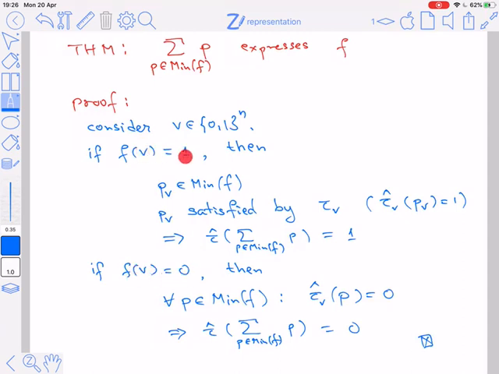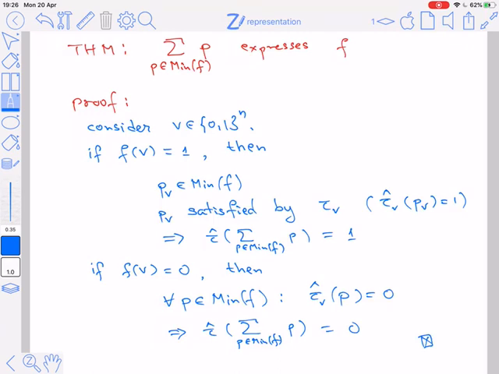If f of v is 1, then I know that p sub v is a minterm of f, because v is in the pre-image of 1. So we have already seen that p of v is satisfied by the truth assignment tau v, namely the evaluation of p v with respect to the truth assignment tau v gives us the value 1.